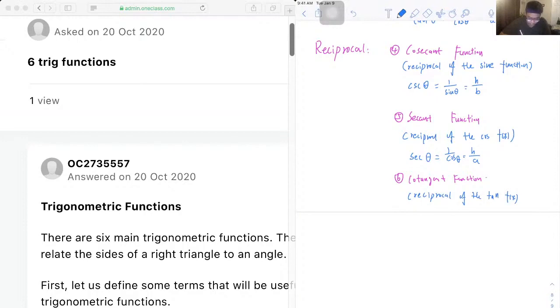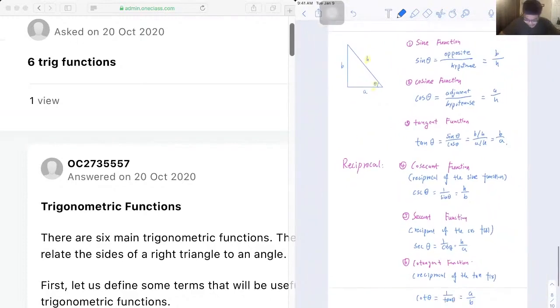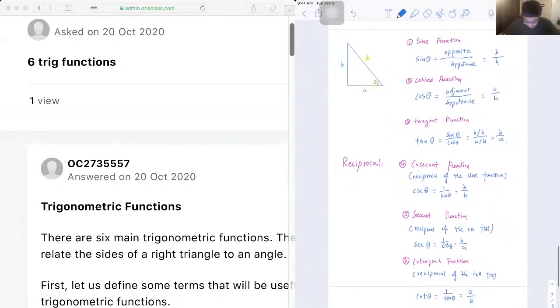So cotangent theta is equal to 1 over tangent theta, which is equal to a over b. Yep. So those are all the 6 basic trig functions we have.